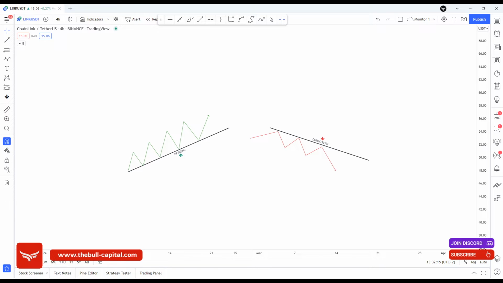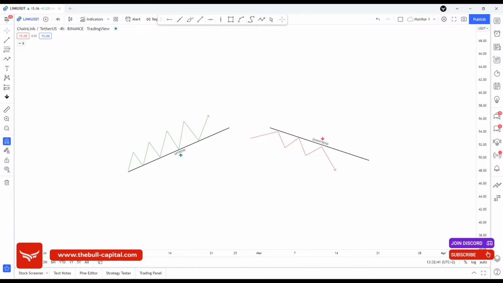Trends can be upwards, bullish, and downwards, bearish, or sideways, flat. There is no specific timeline for a direction to be considered a trend. But overall, the longer the direction is sustained, the more qualified the trend becomes. Remember that, it's very important.